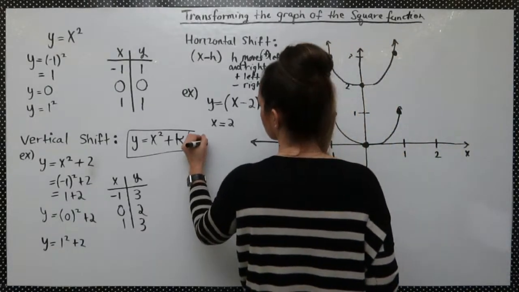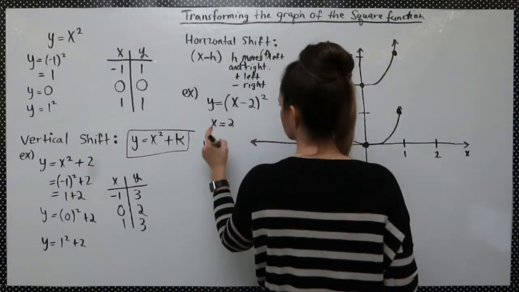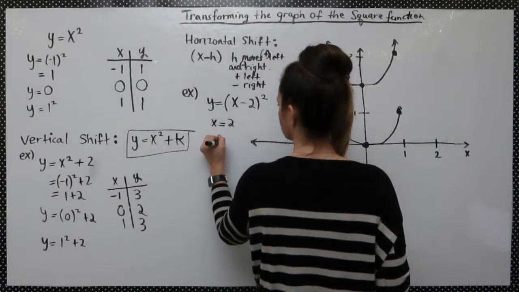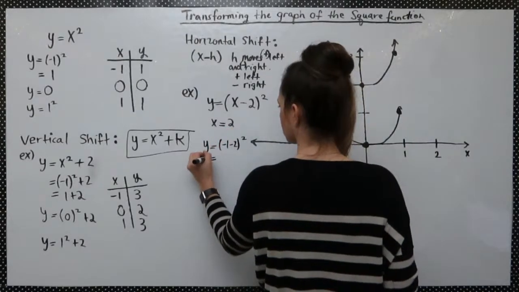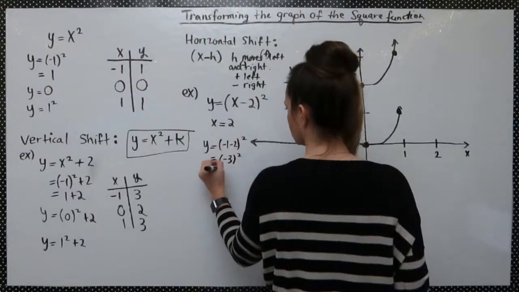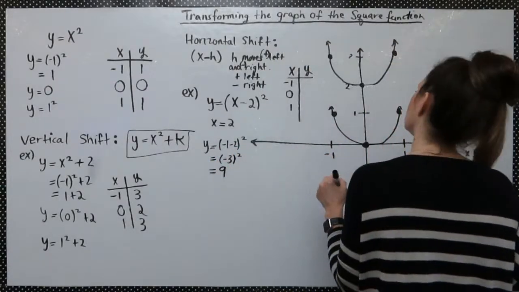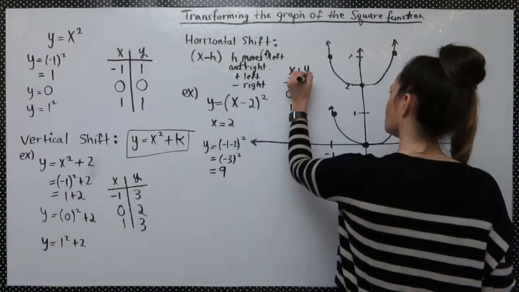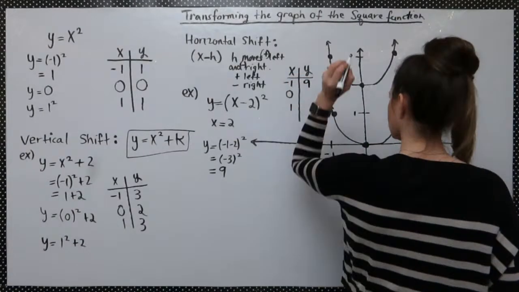So we'll have y equals, at negative 1, minus 2 squared. That's negative 3 squared. It's not going to be on my graph. Negative 1, 9 is all the way up there.